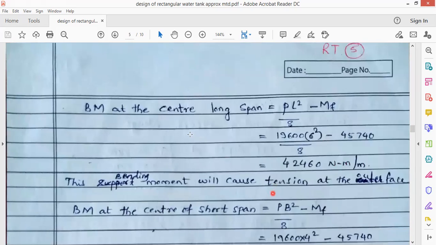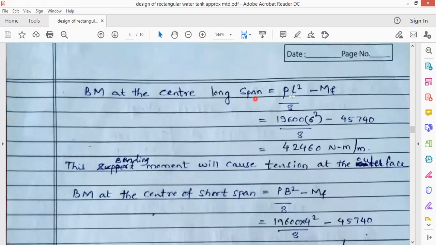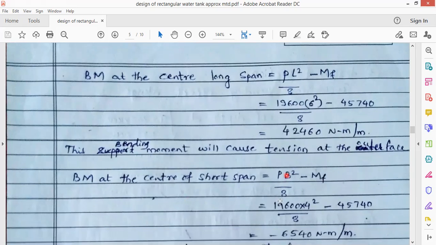So now I will obtain the center span bending moments. For the long span it is PL square by 8 minus MF, and for the short span it is PB square by 8 minus MF. So substituting the values of P, L and MF, I will obtain here 42,460 Newton meter per meter span.